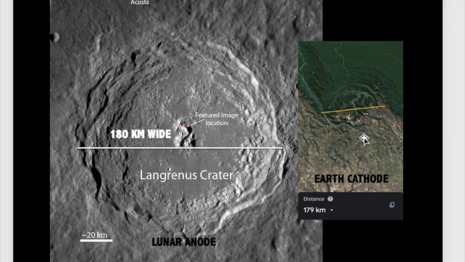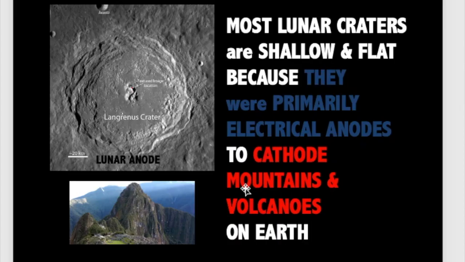And as I've said before, the lunar craters are flat because they are primarily anodes to Earth's cathodes. And so these formations occurred a long time ago, and the idea that it happened in the last 12,000 years would be hard to justify.